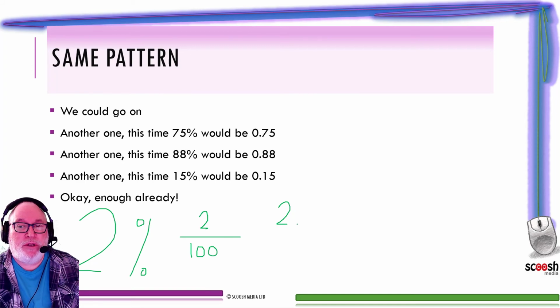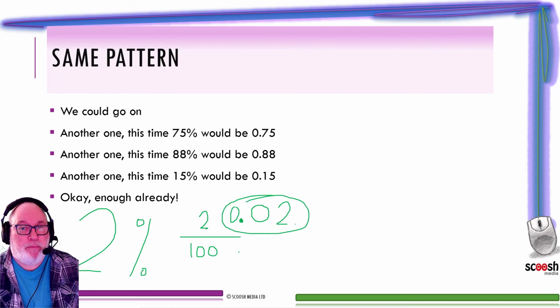Move the decimal place 2 spaces, because we're dividing by 100, so 1, 2. Because we've jumped 2, we better put that 0 in there. You could write a single 2 with a 0 in front of it, it wouldn't matter, but we're using the 0 now. So it's 0.02. That would be 2% as a decimal.